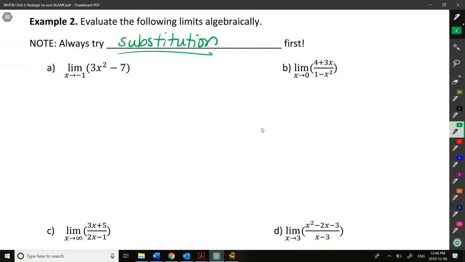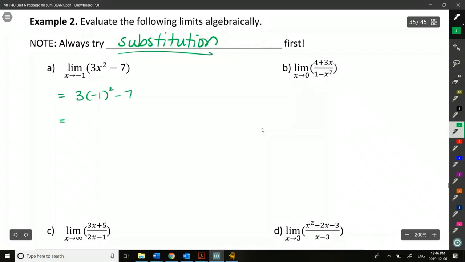Okay, so we're going to try this one out. Once you sub in, you can drop the limit notation. If it doesn't work, then you need to go back and try something else. But we're going to first try with substitution here, see if we can calculate the limit as x approaches -1. And it gives us 4.